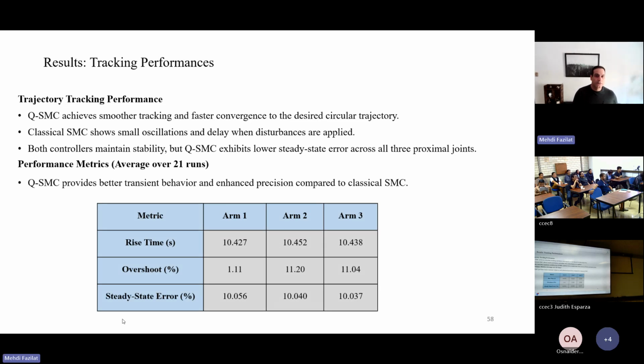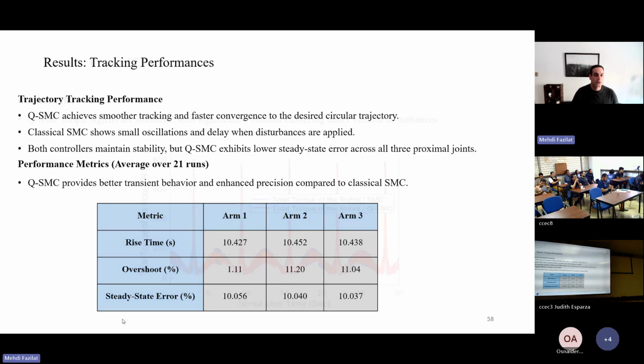This is the data for the tracking error averaged over 21 independent runs, and you can see the quantum controller has better performance even in the face of the disturbances.